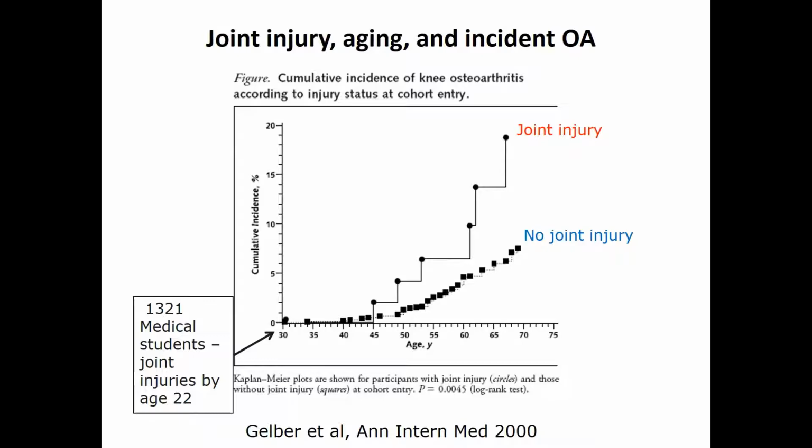And if you compare the people that had an injury when they were young in medical school versus those that didn't, you can see no injury group, again, it goes up with age, but the group that had an injury, it's much more likely to increase with age. So obesity plus aging, joint injury plus aging, these are all factors that result in higher prevalence of osteoarthritis in the knee.